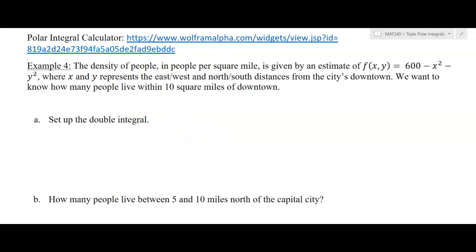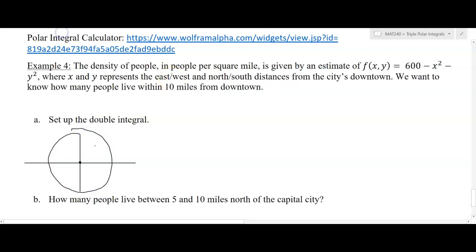We have a downtown region, and that downtown is located right in the center. And this should not be 10 square miles, it should be 10 miles of downtown. Okay, so this radius here is going to be 10 miles.